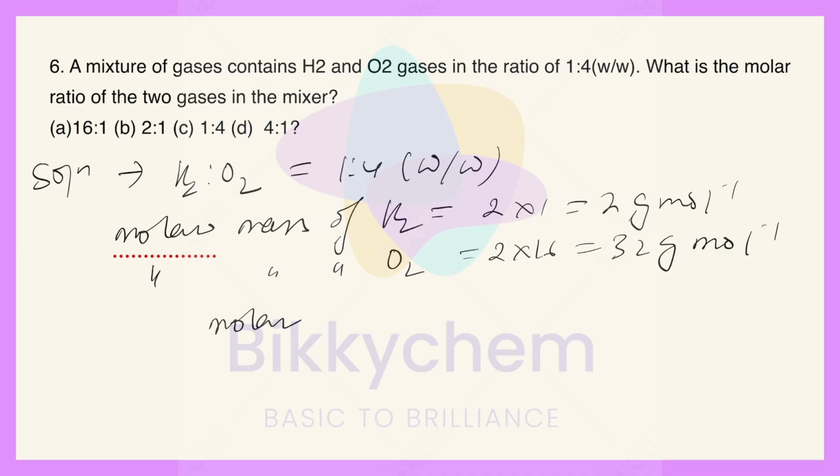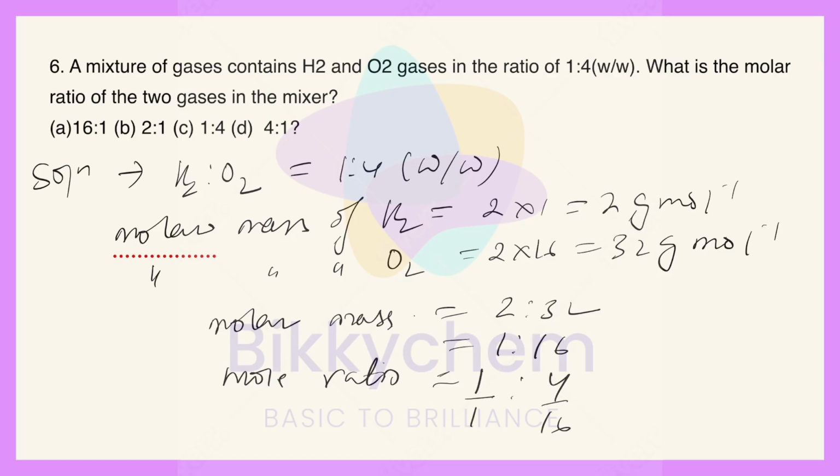Now the molar ratio will be the mass ratio divided by molar mass, so 1/2 to 4/32, which equals 1/2 to 1/8, which equals 4:1 ratio. Hence option D is the right one.